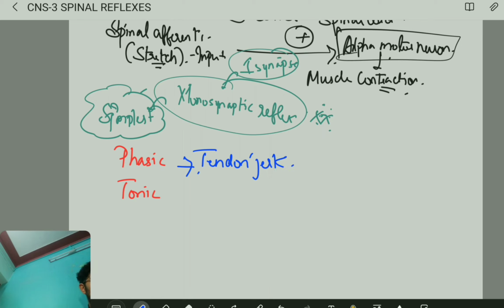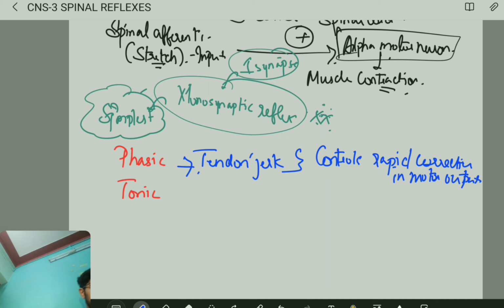It also controls rapid corrections in motor output. Why? Because the phasic stretch reflex is by stimulating the primary endings of the muscle spindle. It's very fast, due to sudden stretch, so only rapid correction in the motor output.